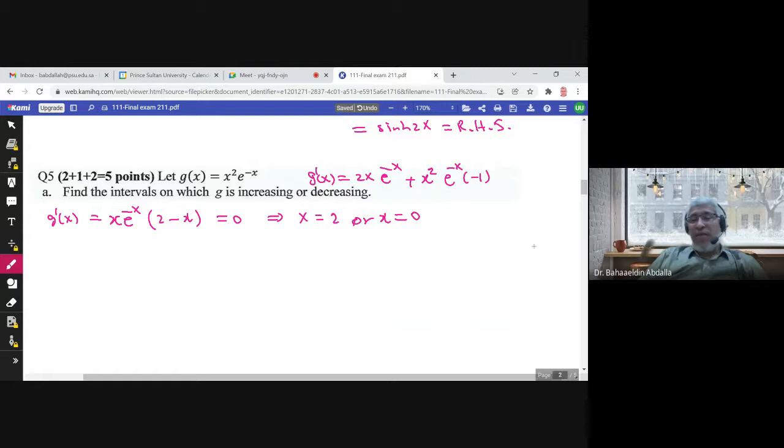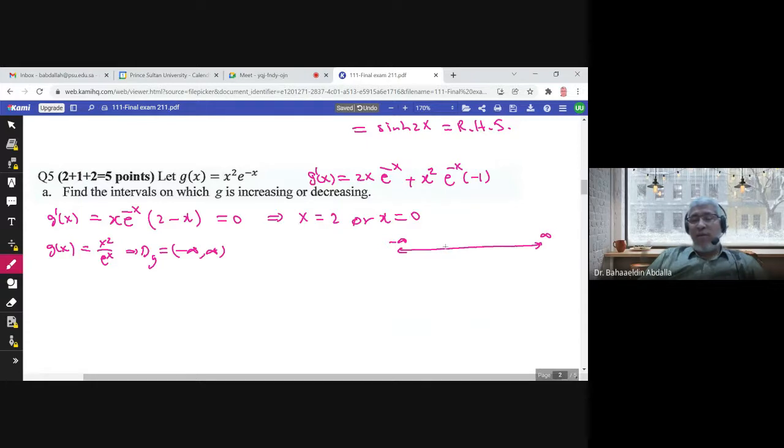To find the intervals of increasing and decreasing, I put them on the number line. Notice that g of x is x squared over e to the x, and e to the power x is never 0. This means the domain of g is all real numbers, and these numbers belong to the domain, so they are critical numbers.